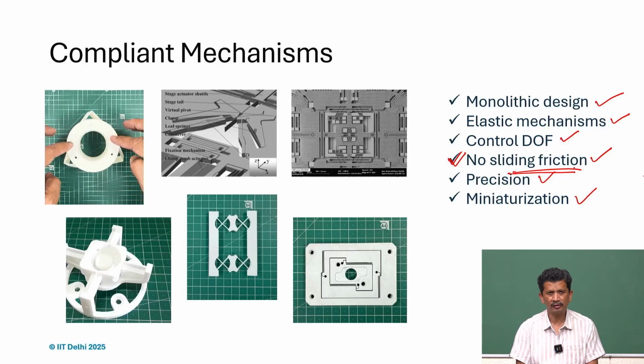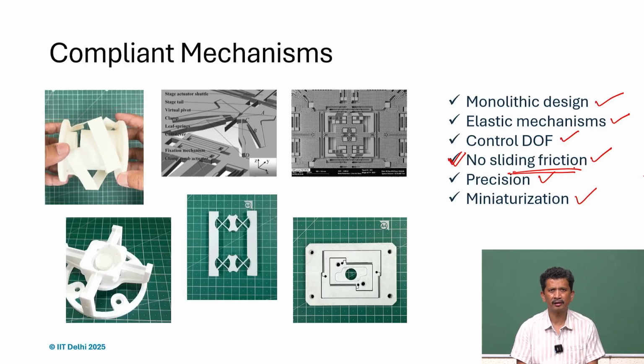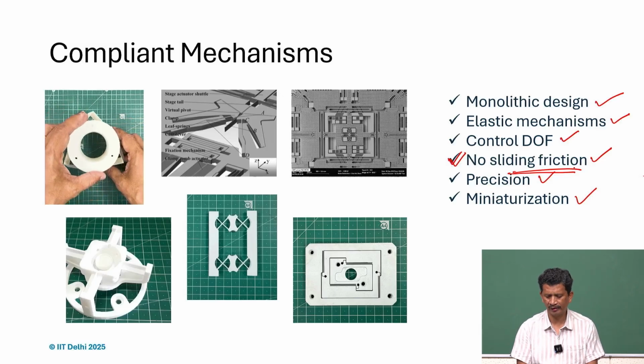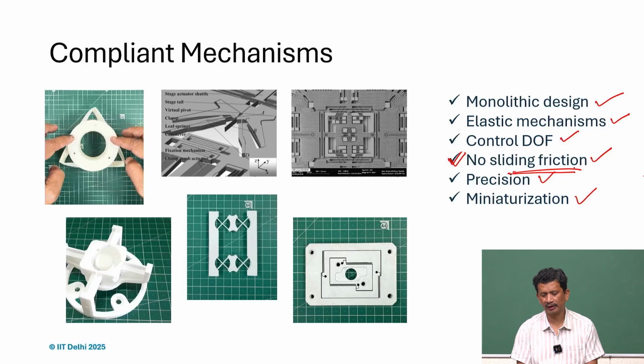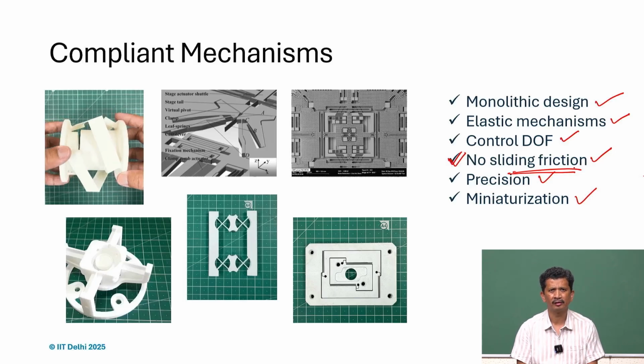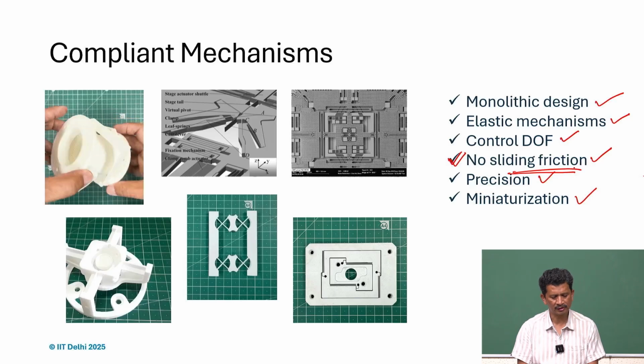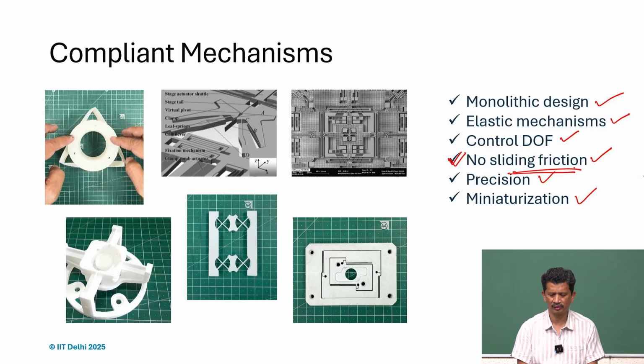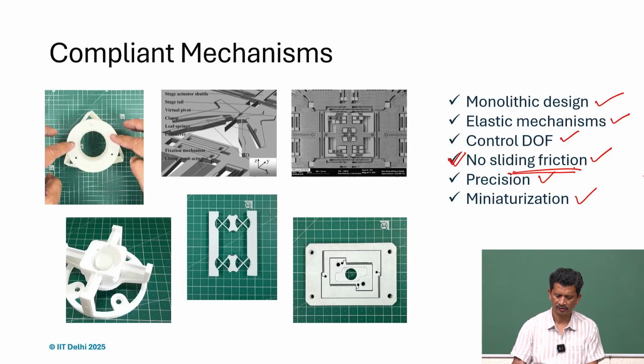So I think we'll look at what the characteristics are and how it deteriorates the performance. And of course, it has certain advantages in terms of damping, but otherwise, it creates a lot of problems when it comes to achieving precision or better repeatability.